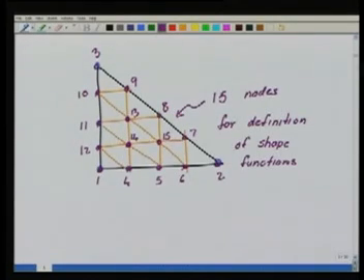So I can choose this line, this line, and this line, and this line. So my shape function should vanish on all these lines. So now looking at the equations of these lines, multiplying them together, I will get the 4th order shape function corresponding to the 11th point.